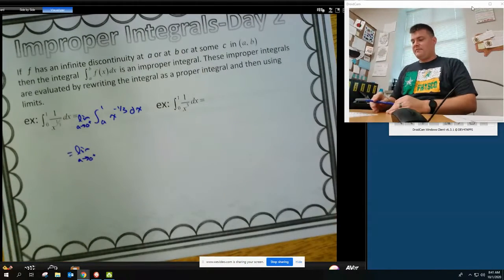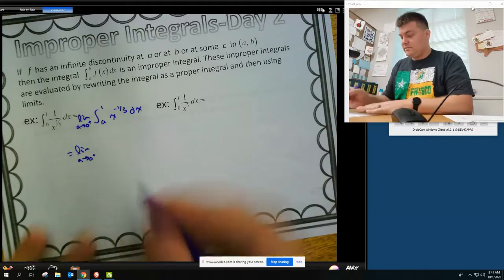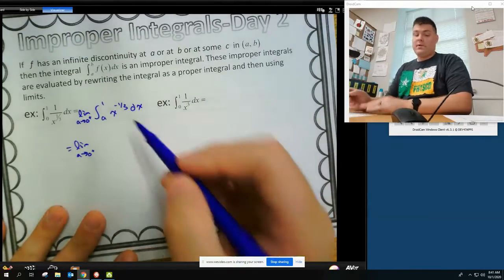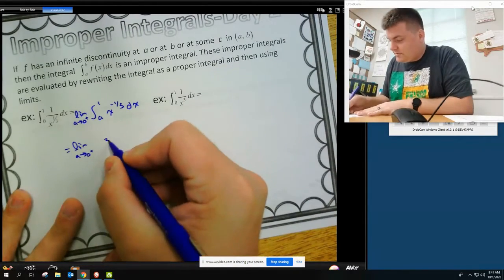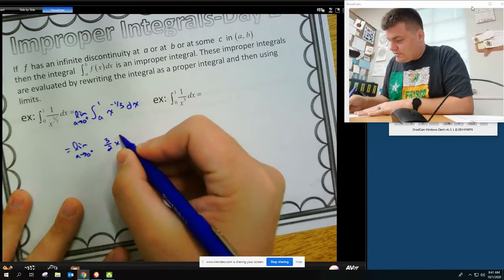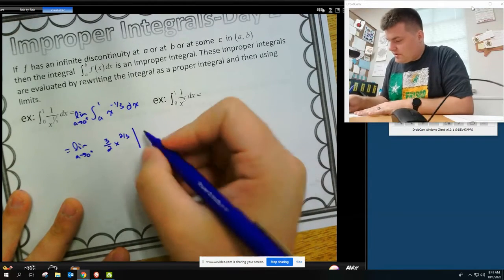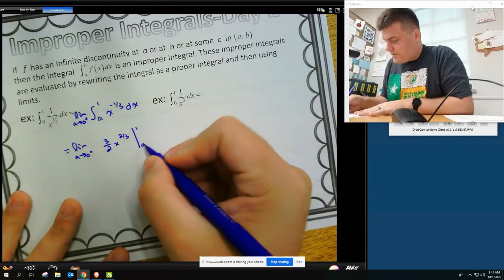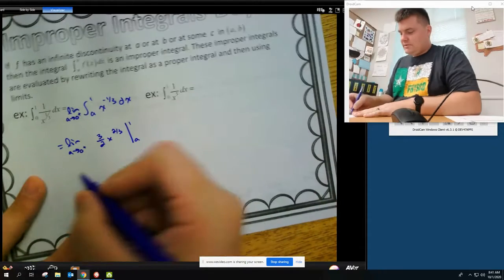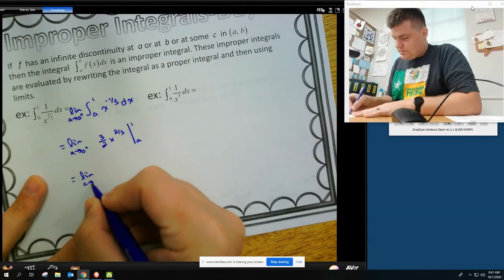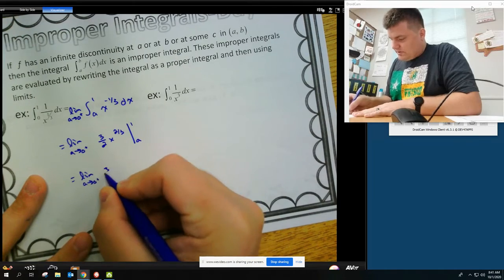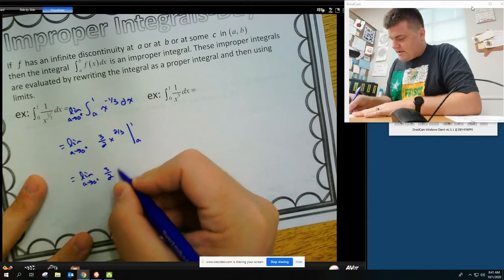Antiderivative of x to the negative 1/3 is going to turn into 3/2 x to the 2/3, integrate that from a to 1. So 3/2, I'll just put that out in front.